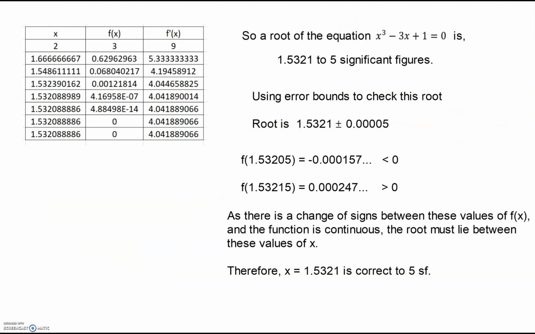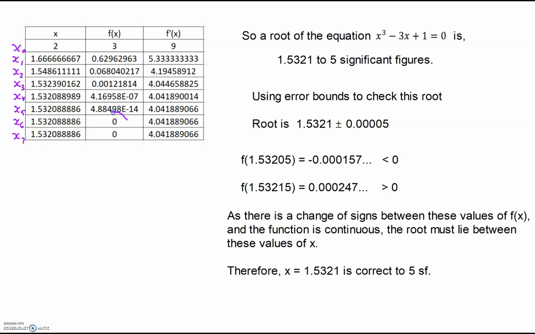So this spreadsheet has done exactly the same Newton-Raphson formula, iterative process, and it has generated successive values of x. So this is our x0, this is our x1, x2, x3, x4, x5, x6, and x7. And you can see that we very quickly get to our values being pretty much the same.